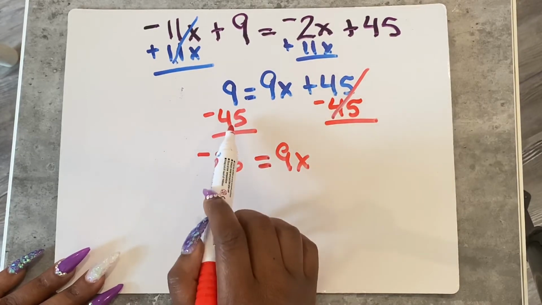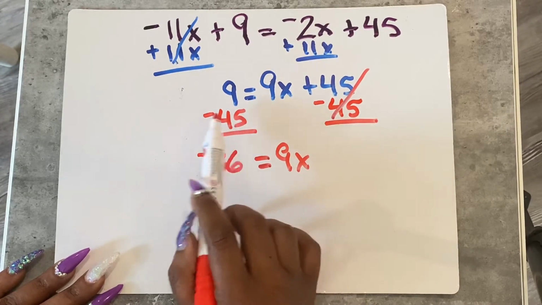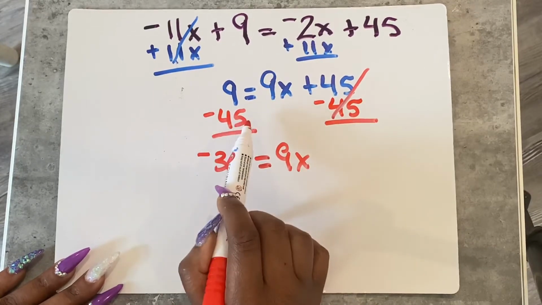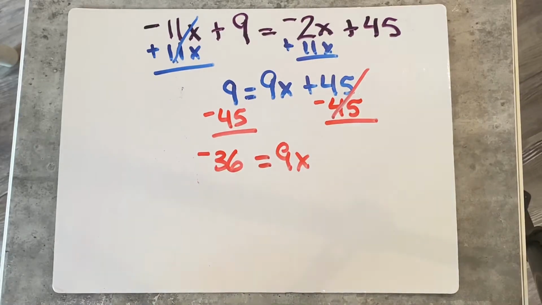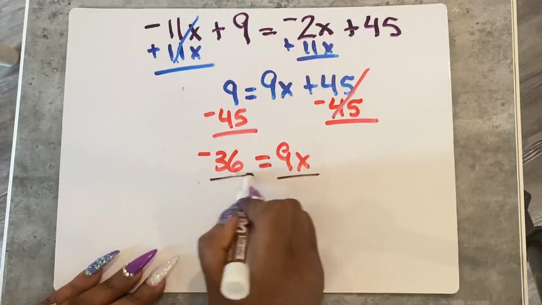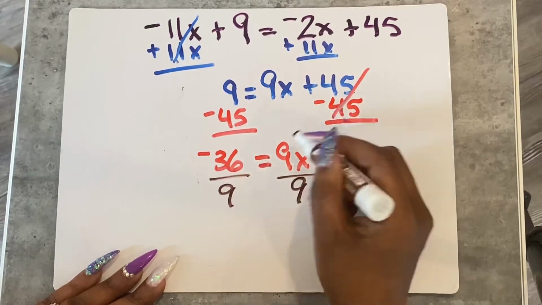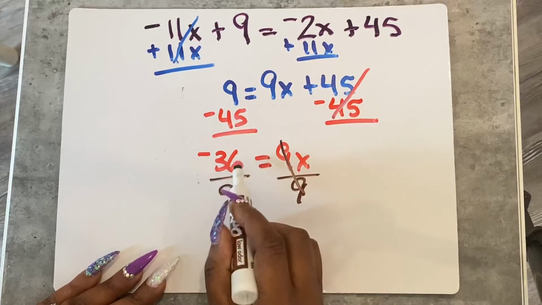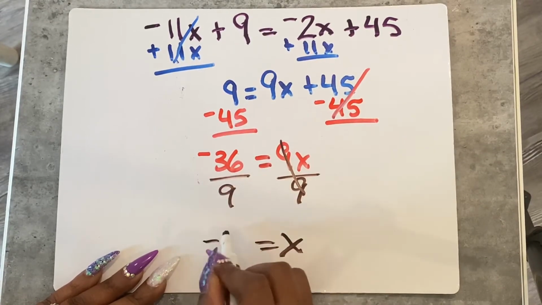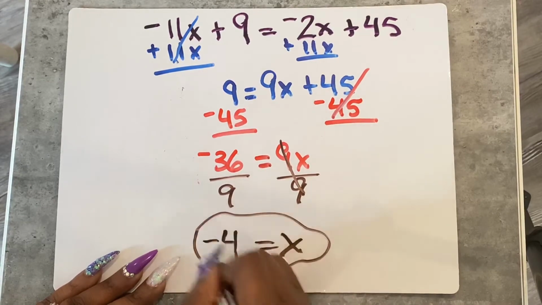So because it has the greater absolute value, the sign that is with that number has to stay with that answer. Now I'm down to that one-step equation. So the final step is to divide both sides by 9. That cancels. Negative 36 divided by a positive 9 is a negative 4.